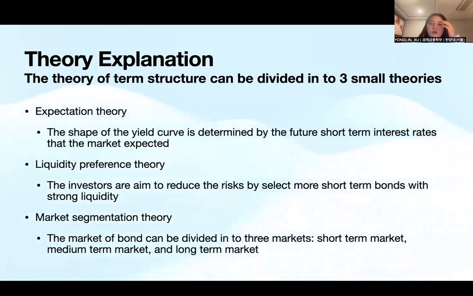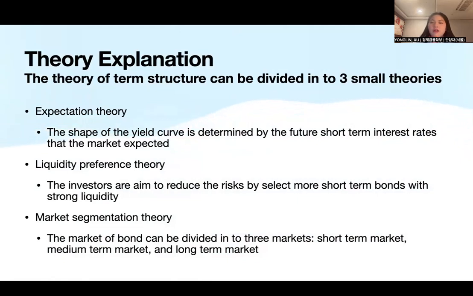As we can see, an upward yield curve indicates that the market expects short-term interest rates to rise in the future, with forward rates exceeding spot rates. A downward yield curve indicates that the market expects short-term interest rates to fall in the future, the opposite of the first one.